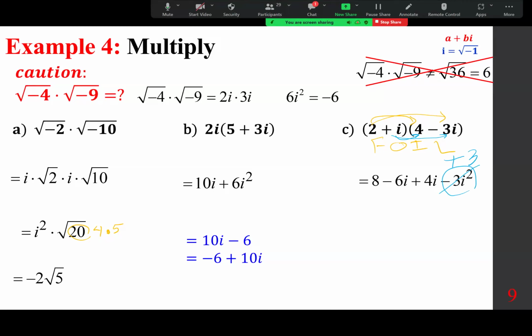So negative 3i squared is plus 3. And so we have 8 minus 2i plus 3. These two combine to give us 11 minus 2i.